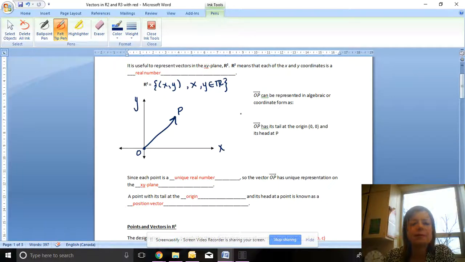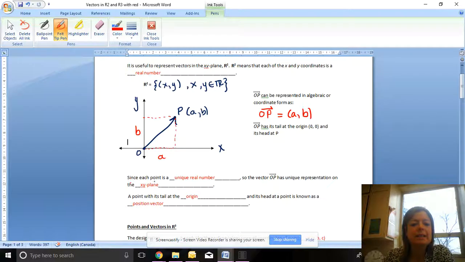And it can be represented by the coordinates A, B. Okay, so where A is the X value, however high that is. So here is A. And then here is B. This length is B. So OP can be represented in coordinate form as just AB, whatever the coordinates of point P are.